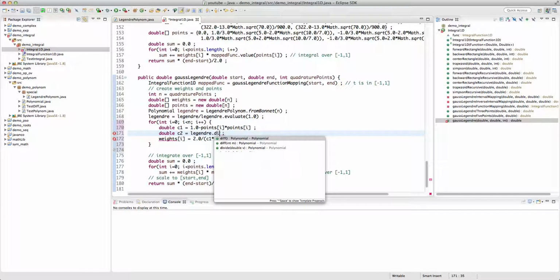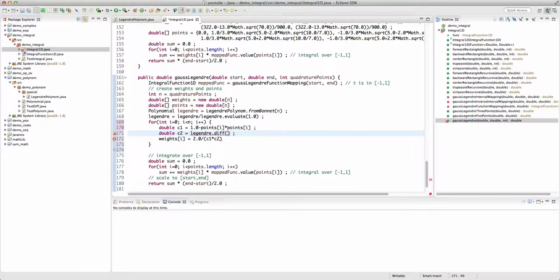We're going to take the derivative and then evaluate it at points I, right, at xi.